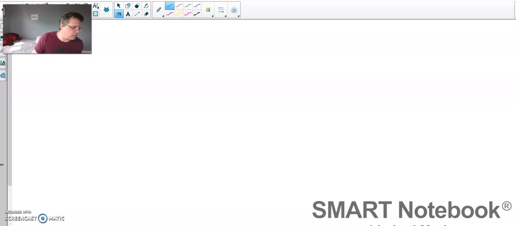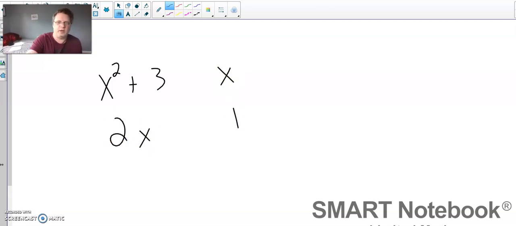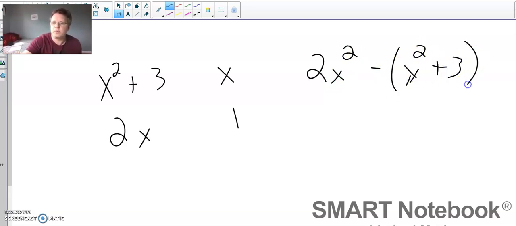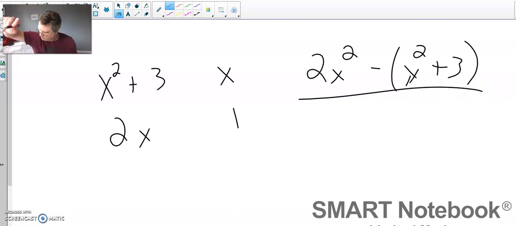So let's look at number 14. We have x squared plus 3 over x, and the derivative of x squared plus 3 is 2x, and of x is 1. So then we have 2x squared minus x squared plus 3, all over x squared.